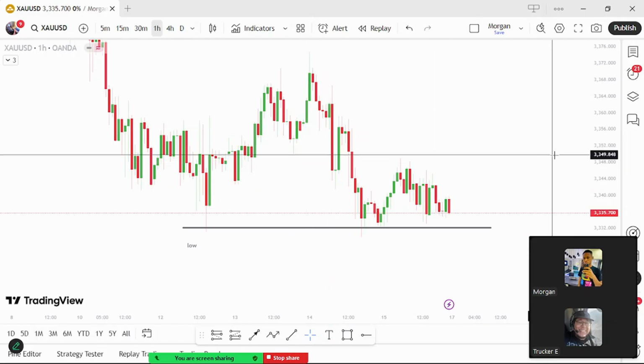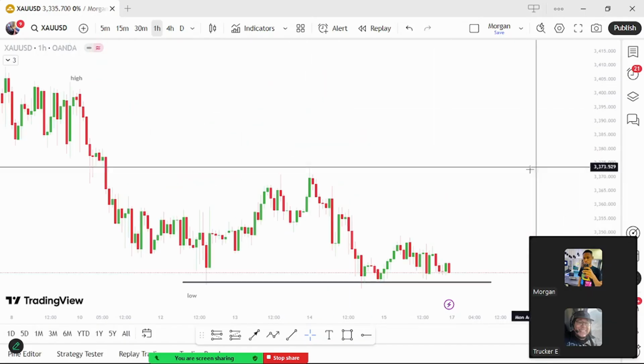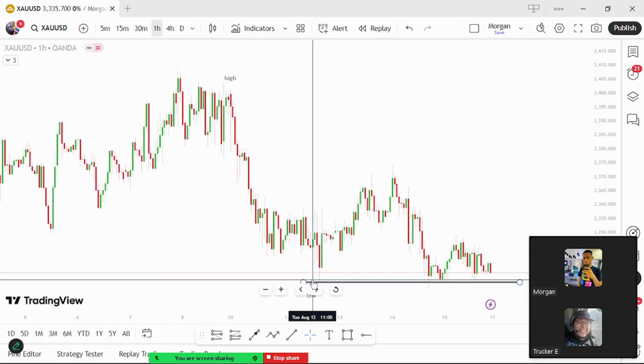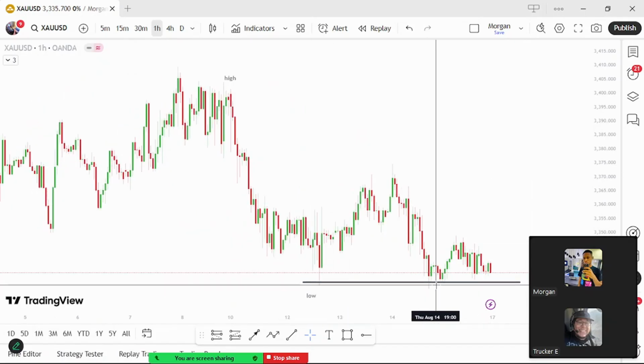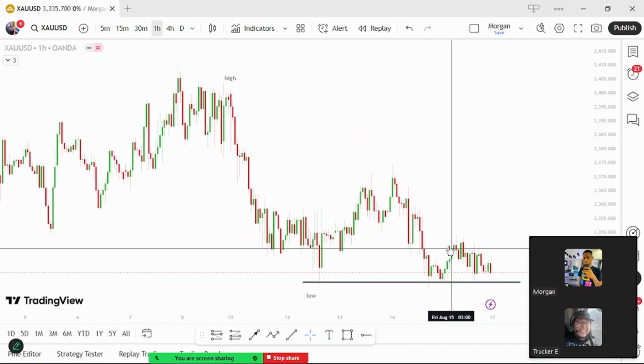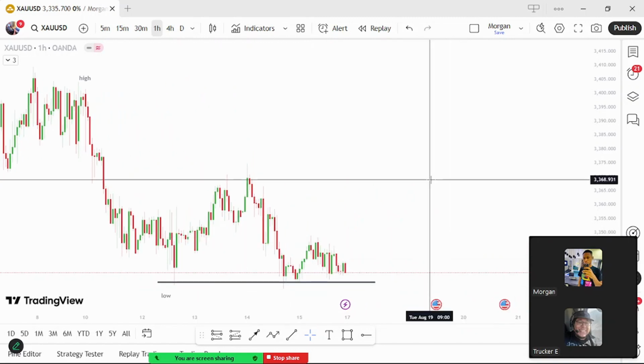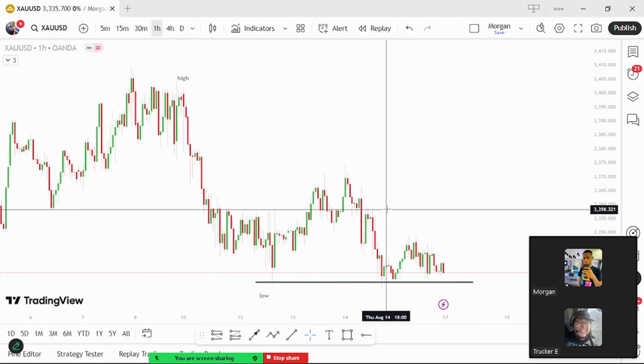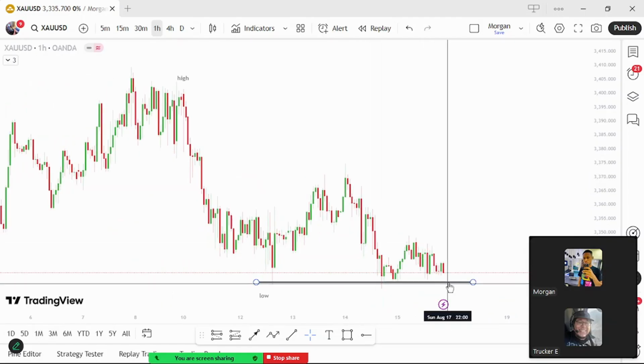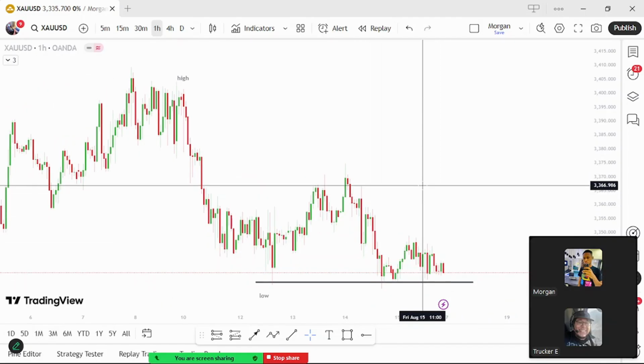So the basics I would say for you right now is that this is a low where you want to see price take out for you to call it the indication. As long as price doesn't take out this low, buyers are still in the market, because price can come here and keep pushing up.